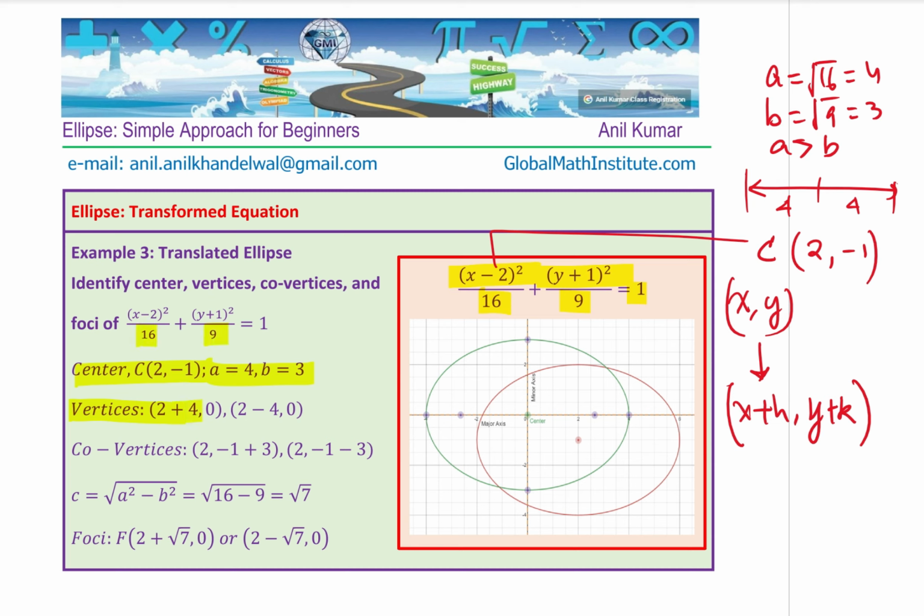So 2 plus 4 gives us 6, and 2 minus 4 gives us minus 2. So we get these two x values in the translated figure, right? So we know that now the center has moved 2 units right and 1 unit down. So the axis now is right here. Correct? So we have found that the vertices are here.